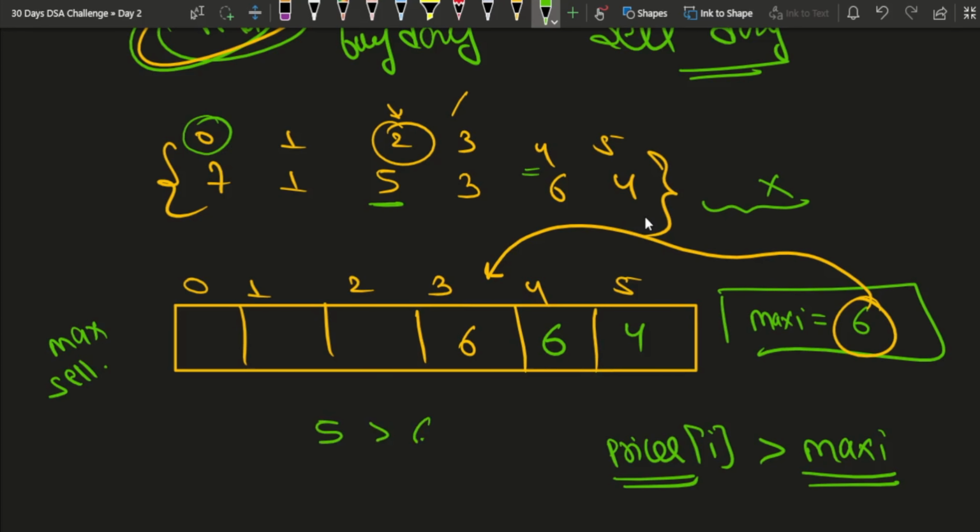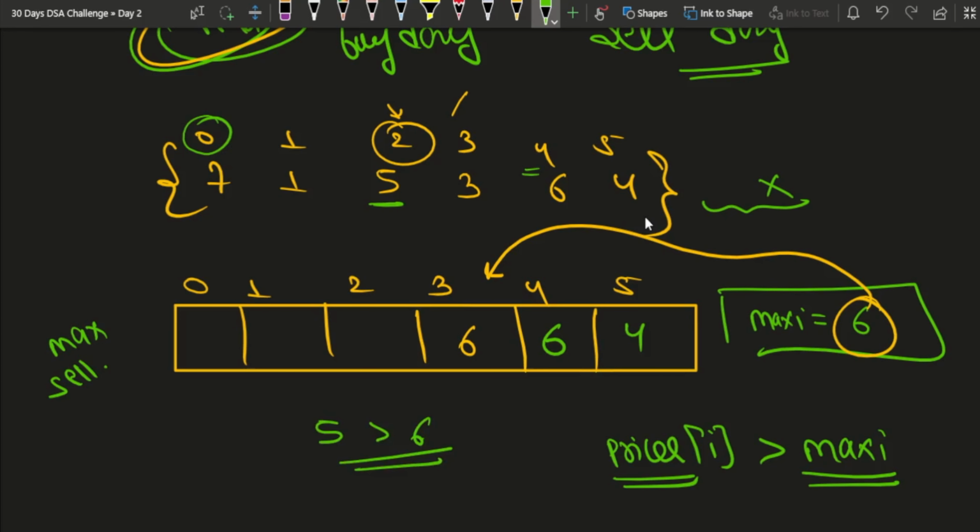Is 5 greater than 6? No, so we put the value 6 here in this array. Similarly, we come to index number 1, where we have 1. Is 1 greater than 6? No, so just put the value of maxi here. The value of maxi is 6.